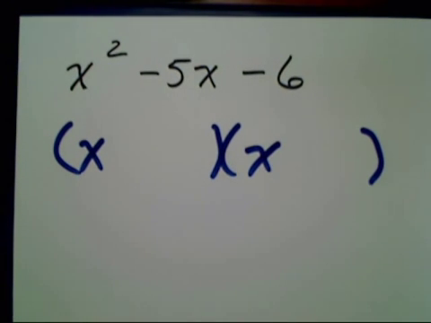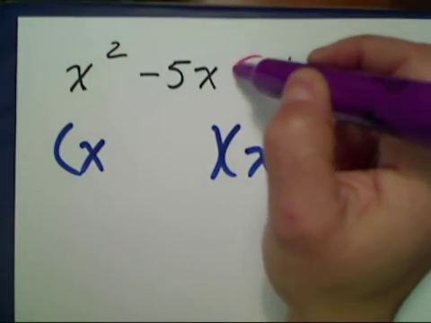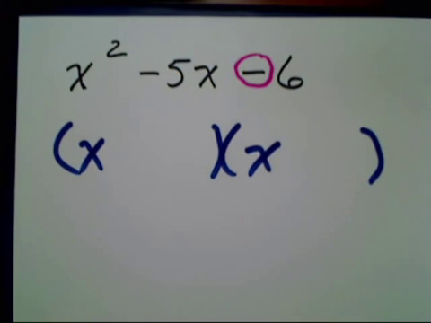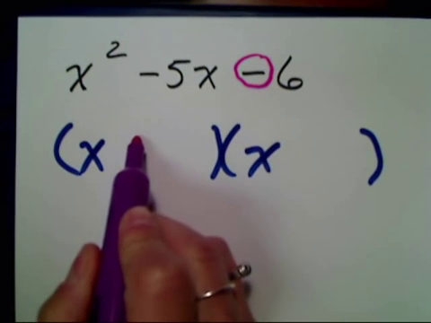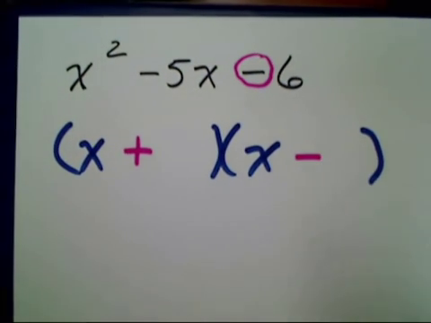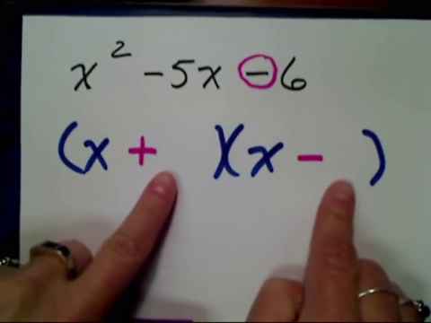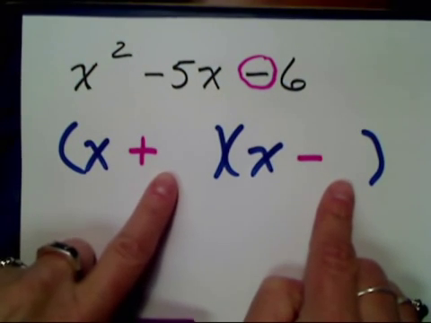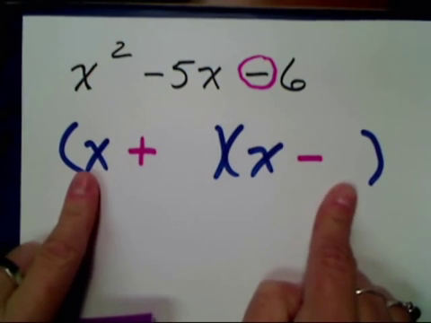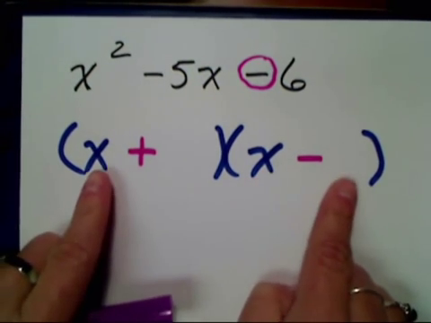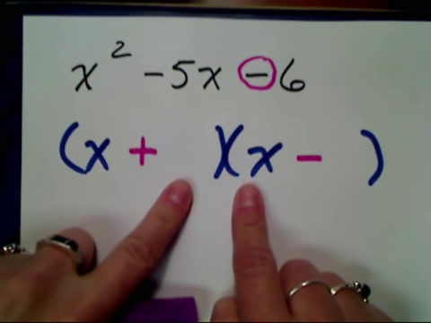Now in this case though, we have a couple other changes. I notice here that my sign in front of my 6 is negative. The only way that we multiply two numbers together and get a negative is if one is positive and one is negative. So when I put my numbers in, I'm going to have a positive and a negative. That means that when I do my outside and my insides, I'll have one number that's negative and one that's positive.